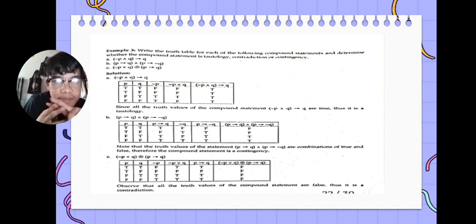Then if one statement is true and the other is false, then it is true, because we only need one true statement. If one statement is true, the result can be true. Then next is the same, negation of P or Q with P then Q. If one is true and the other is false, it means true.